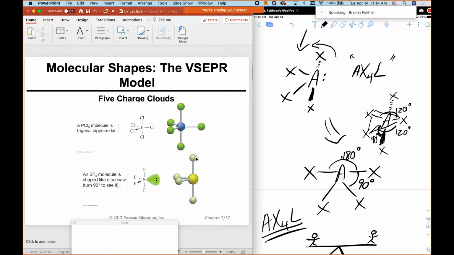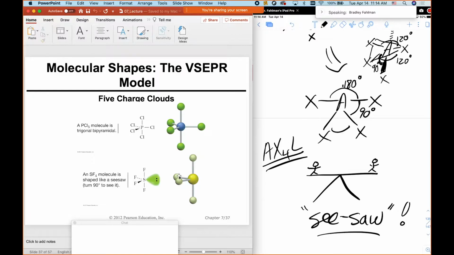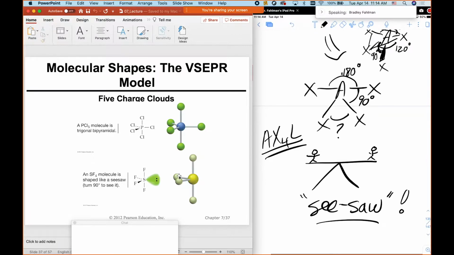And then what do you think the angle is going to be between these ones? So this, and this. Or I guess this one right here. What do you think that angle is going to be? Any ideas?